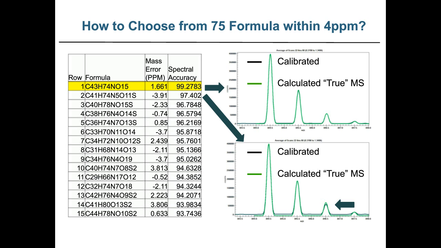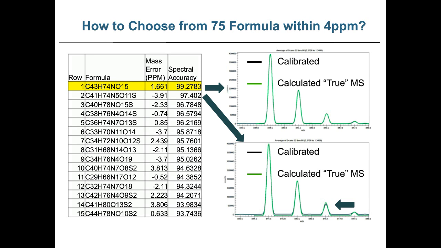And of course, if we have problems, we'll see in some future slides why spectral accuracy can be a very good diagnostic to warn you that either the instrument's not behaving properly or that maybe we're looking at a mixture. And that's something that's always a challenge. So if you look at the top hit, we are overlaying again in green the calculated, and black is the calibrated. You can see the top hit has very good match, overlays almost exactly on top of it.